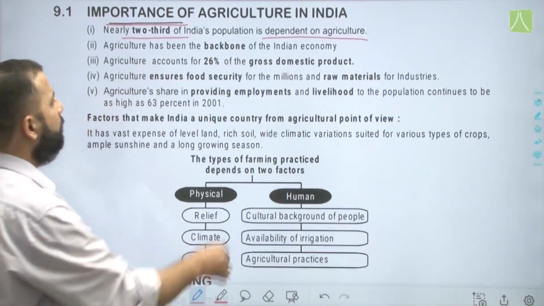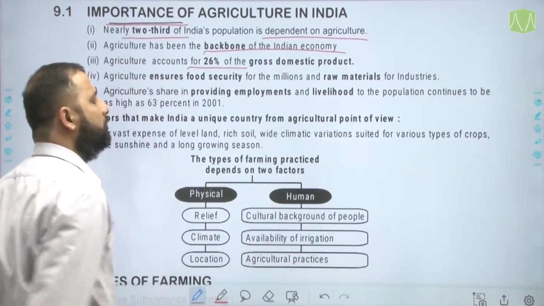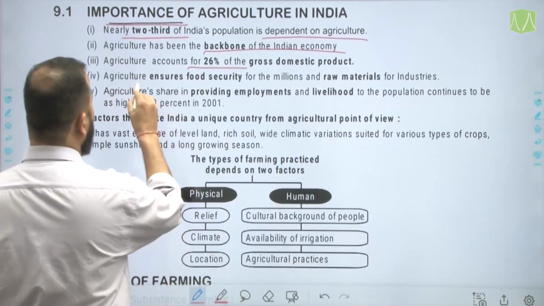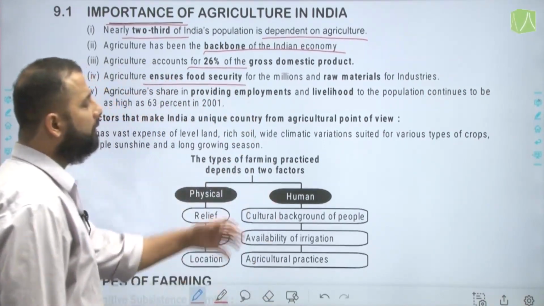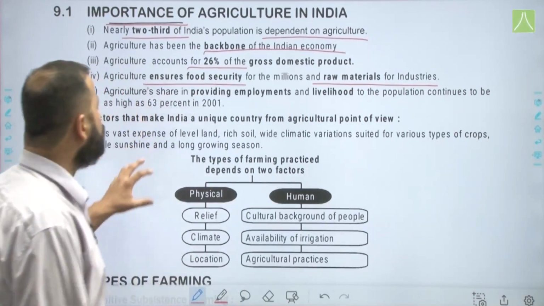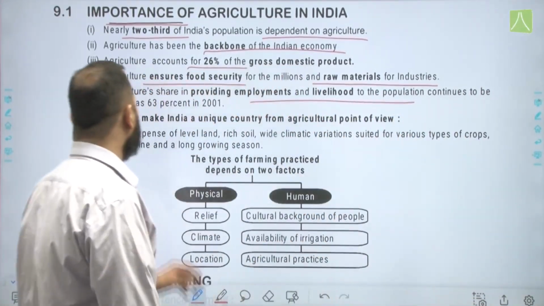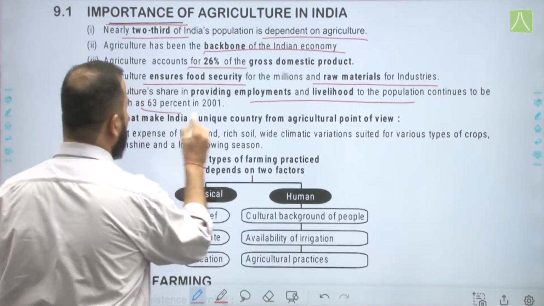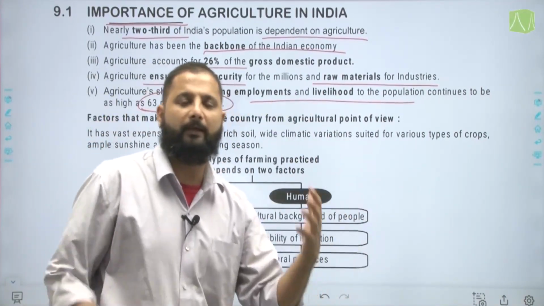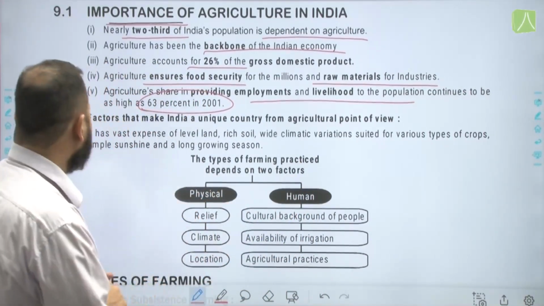Agriculture has been the backbone of the Indian economy, accounts for 26% of the gross domestic product, that is the contribution of agriculture in GDP, ensures food security for millions and raw materials for industries. Agriculture's share in providing employment and livelihood to the population continues to be as high as 63% according to 2001. Apart from this, most of the people in India are directly or indirectly dependent on agriculture.